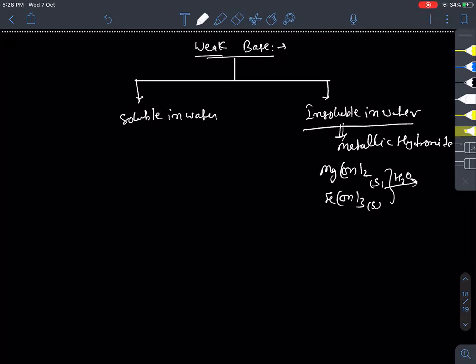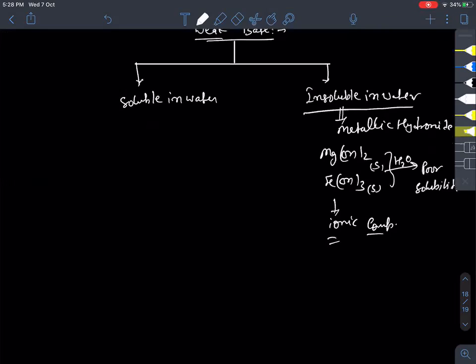So poor solubility, and obviously these are ionic compounds. This segment we will be dealing with in solubility product.